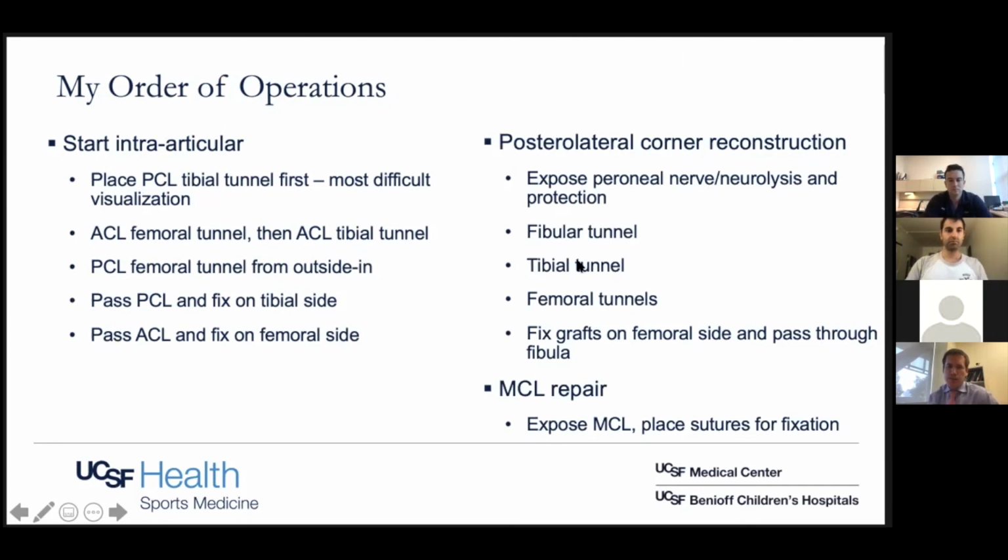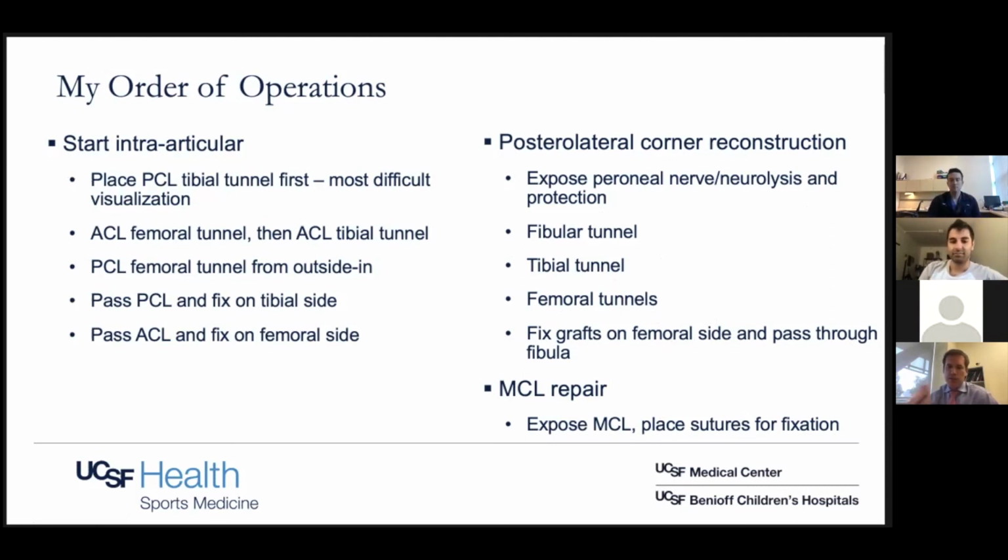I'll place the fibular tunnel, followed by the A to P tibial tunnel, and then go to the femoral side and place those tunnels. Then I'll fix the two grafts on the femoral side. I'll pass the LCL one through the fibula, and have those two ready to go through the tibial side, but leave those. Then I'll go to the MCL, expose the MCL, and at least place sutures for fixation.